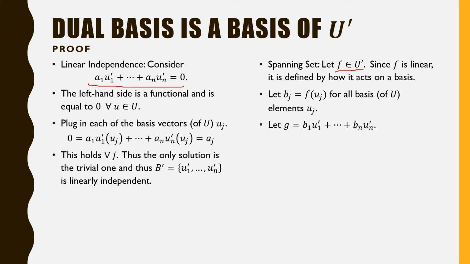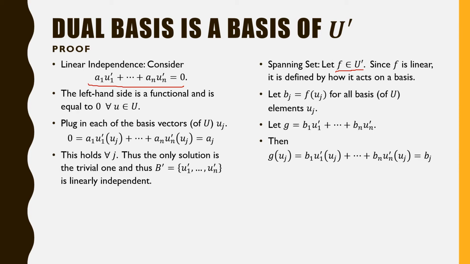Since we already know how f behaves on a basis, all we really need to show is that G behaves the same way on that basis. That is, we need to prove that G of uj, for whatever j we pick, will in fact be equal to bj. So let's plug uj into G, and we get the following.